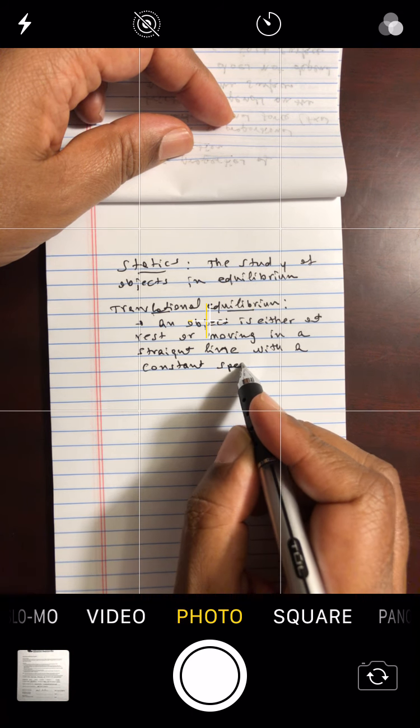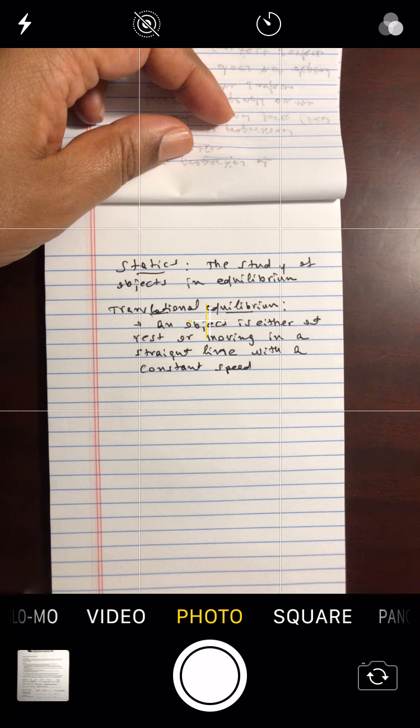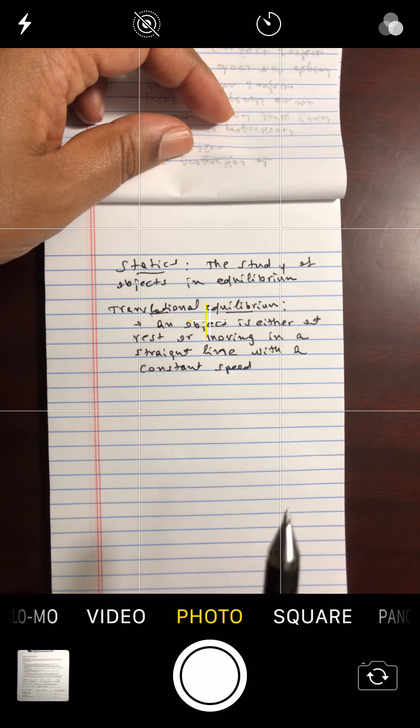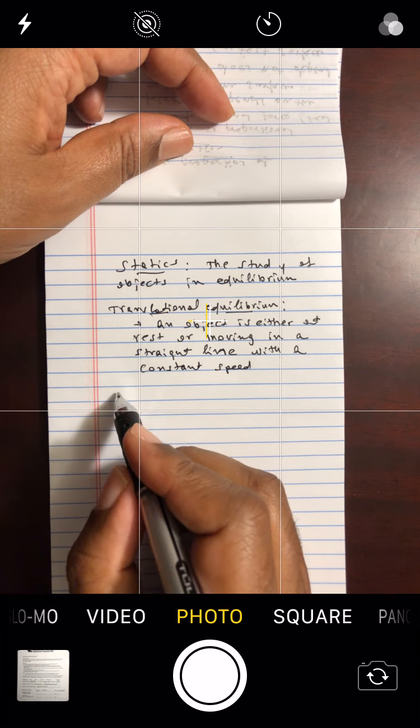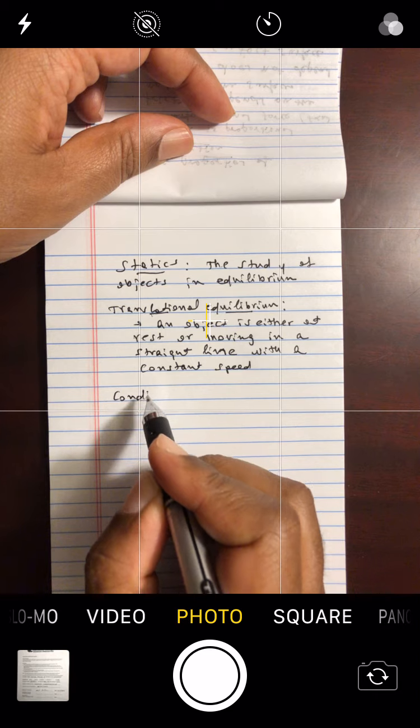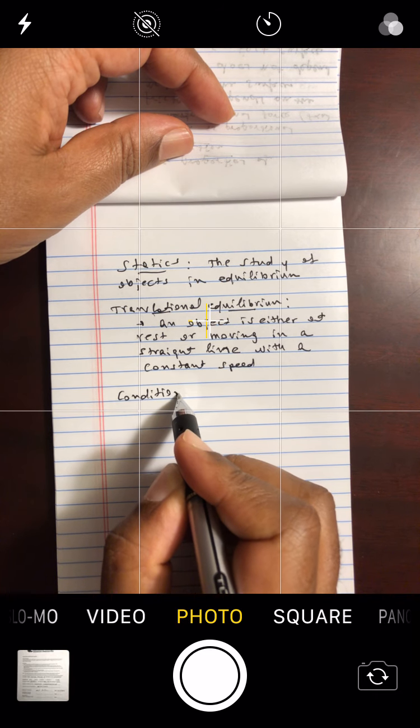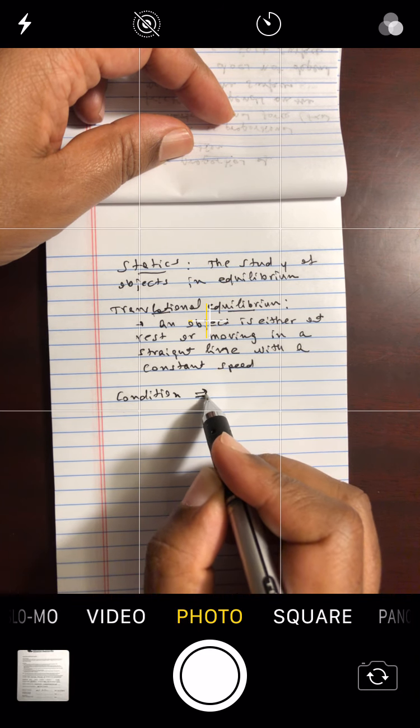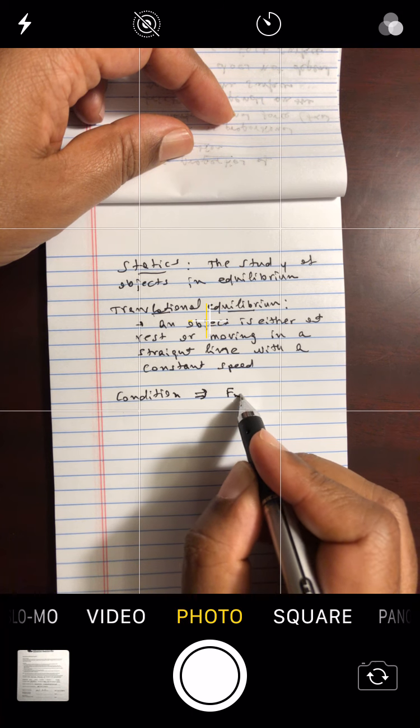Remember Newton's first law? Newton's first law says that this happens when the net force acting on the object is zero. It says that an object will remain at rest or move in a straight line with a constant speed unless acted upon by a net force. So the condition for this to happen is that the net force should be equal to zero.